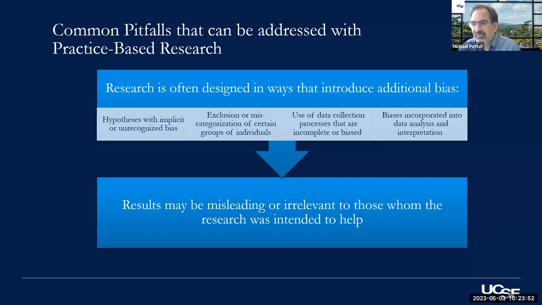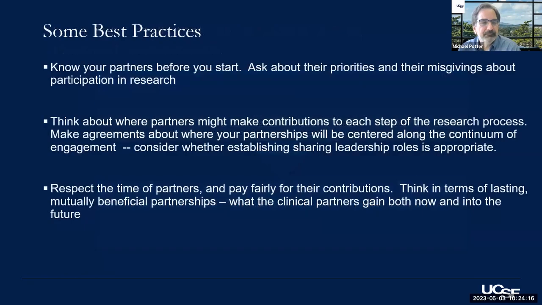So these types of partnerships can help you avoid problems with data collection or biases that might happen in our understanding of the data that comes back and interpreting what it means. So I think that's really an important point to be emphasized. Why don't we go to the next slide? And just some best practices.